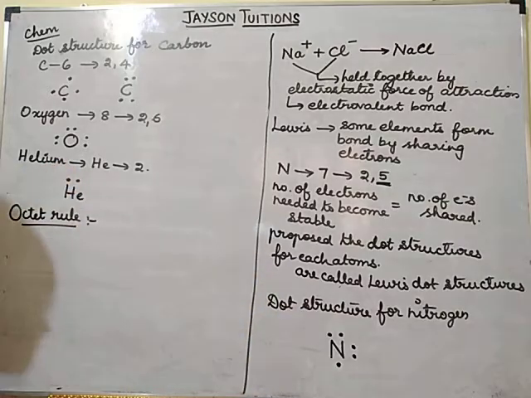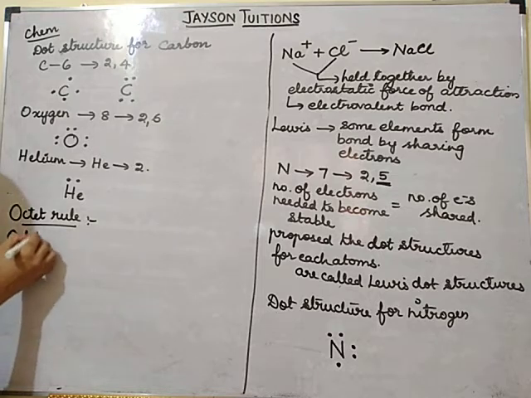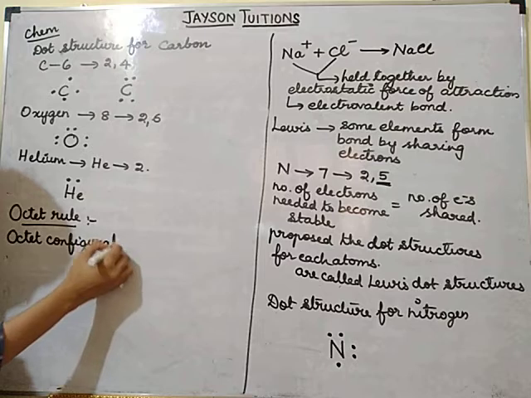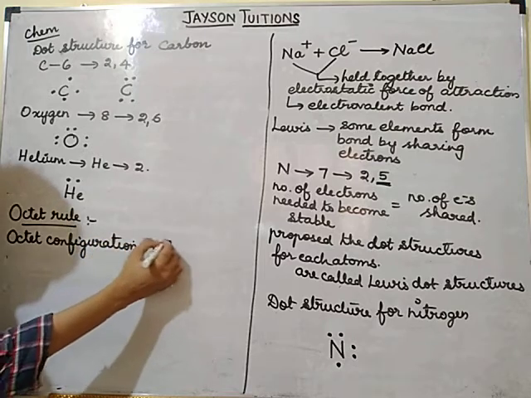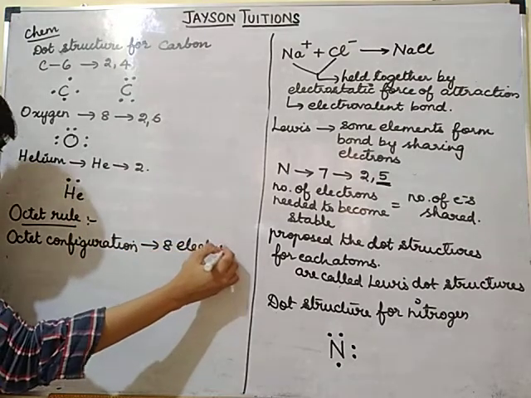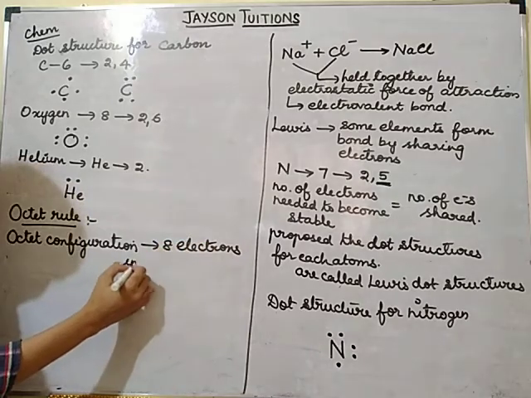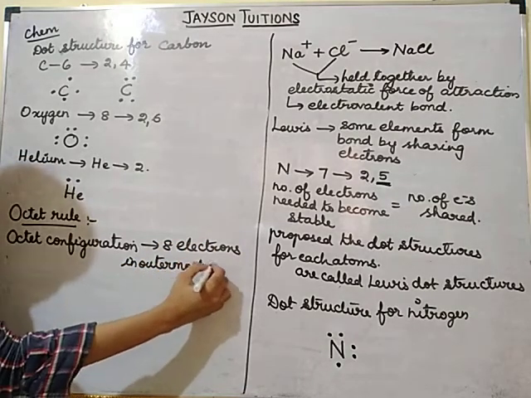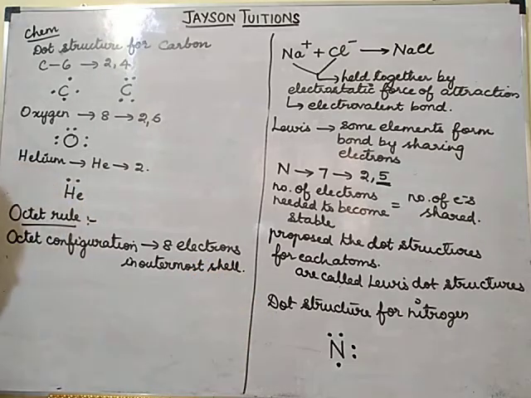Because they should get this octet configuration. Octet configuration means 8 electrons in the outermost shell. So if there are 8 electrons in the outermost shell, then the element is considered a stable element.